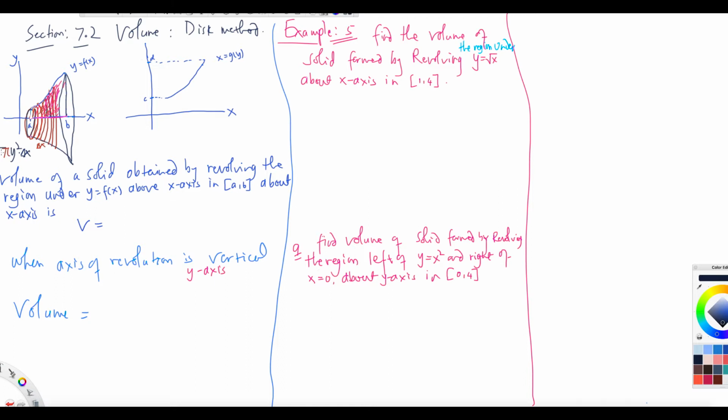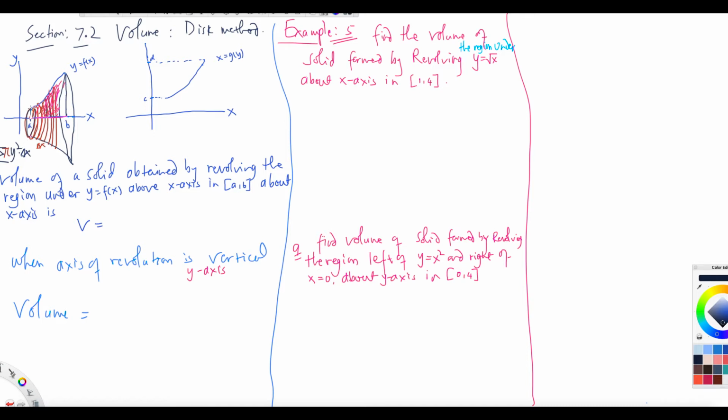Now if you write the summation of pi y squared times delta x, that will give you the total volume. But when delta x is very small, when delta x tends to 0, this summation will tend to an integral between a and b.